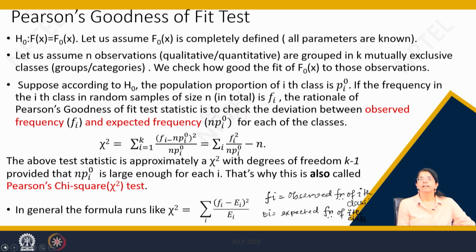Clear? In general, when you don't have the proportion idea and you are dealing with, say, quantitative observations, the general formula is Fi minus Ei, observed frequency minus expected frequency, whole square, divided by expected frequency.